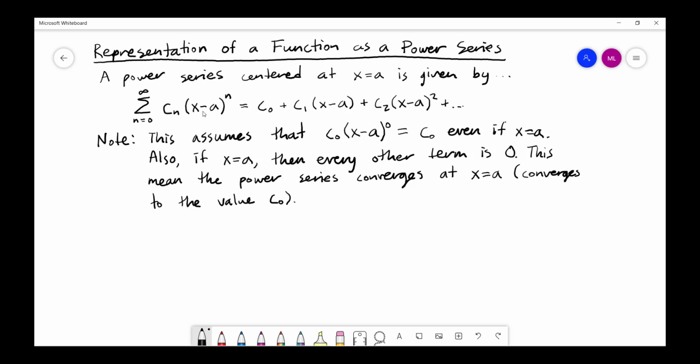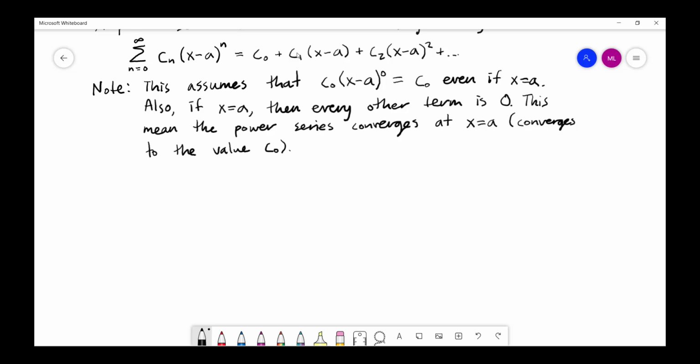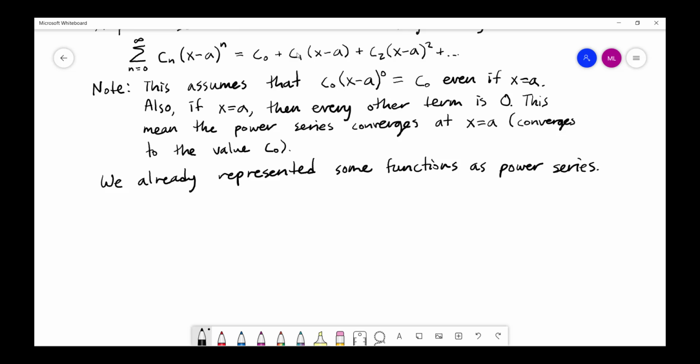Okay, so the hope is to use a power series to represent different functions. And I want to look at one example way back from section 11.2 where we already did this. So we already represented some functions as power series. And one of them we did way back in 11.2.